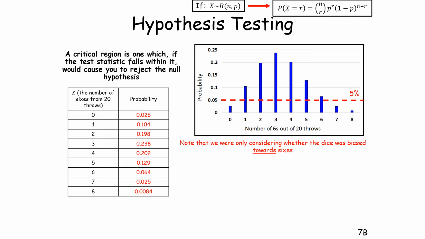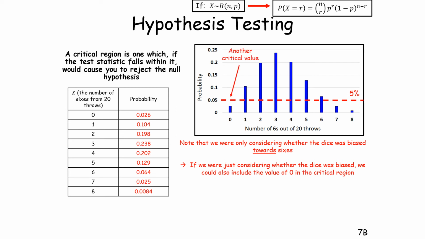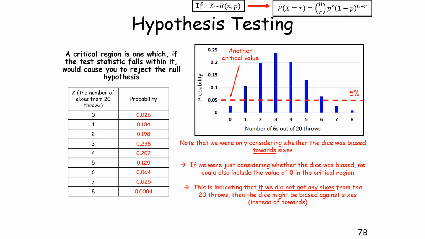Here we were only considering whether the dice is biased towards sixes. If we were just considering whether the dice is biased, we could also include the value of 0, because that would also be in the critical region. So this is another critical value. This indicates that if we did not get any sixes from the 20 throws, then the dice might be biased against sixes instead of towards.